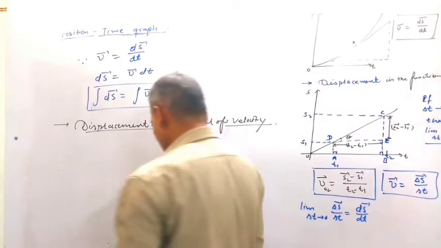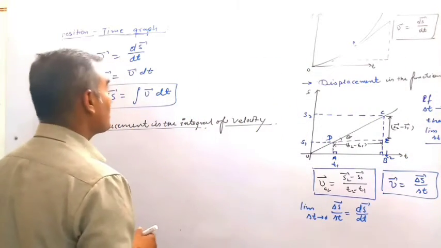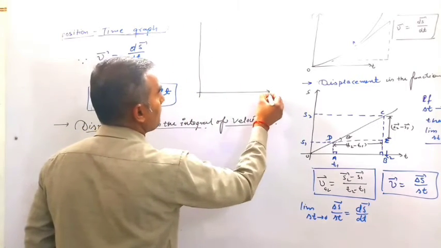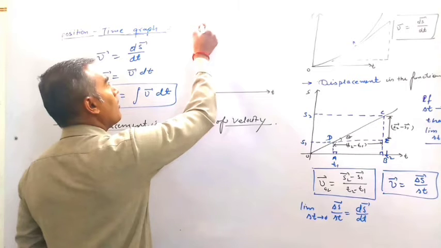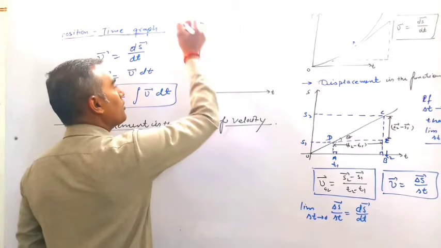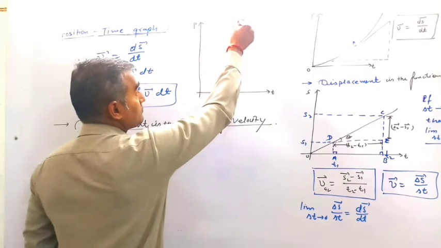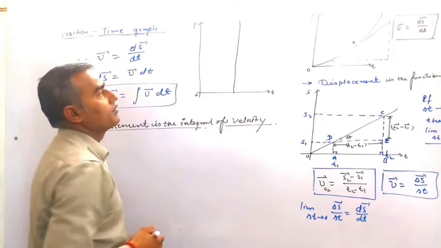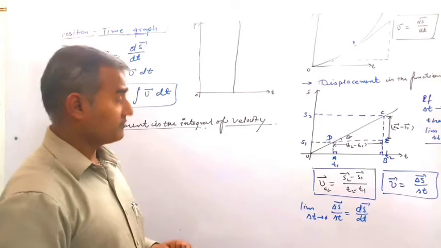Now, one more graph is also here, and this graph is time versus position or displacement. Look at this graph.